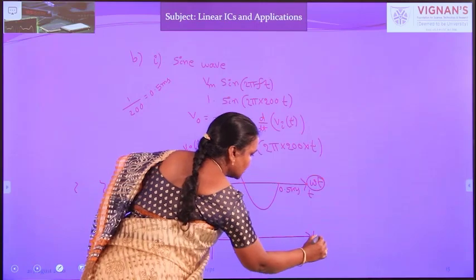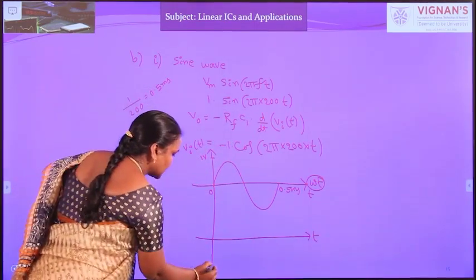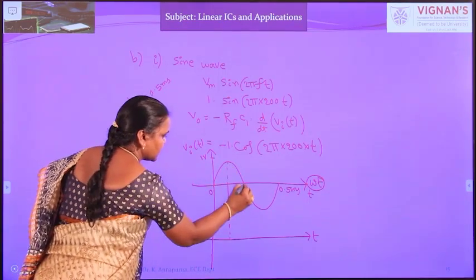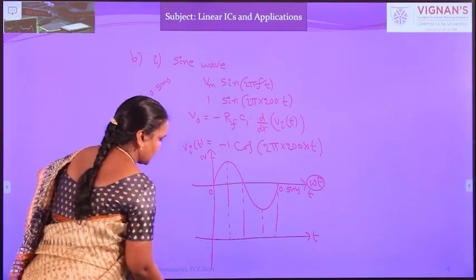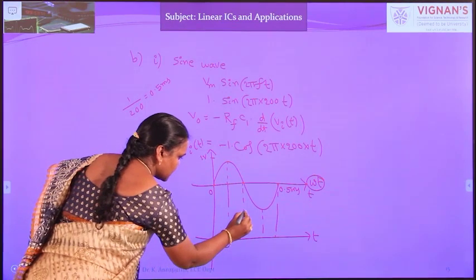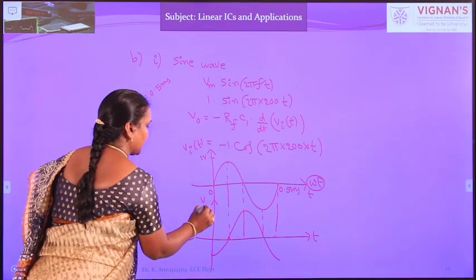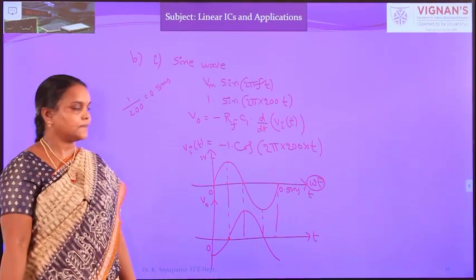The same magnitude, but it is minus cos. So, minus cos means it will start here. Okay, this is the corresponding output signal.